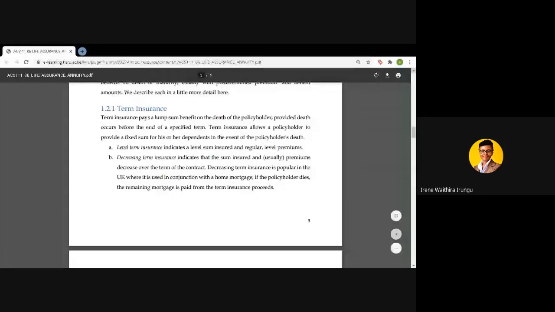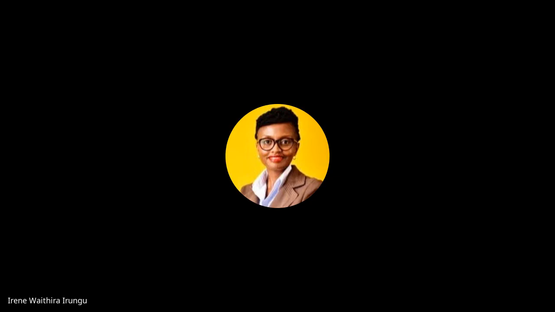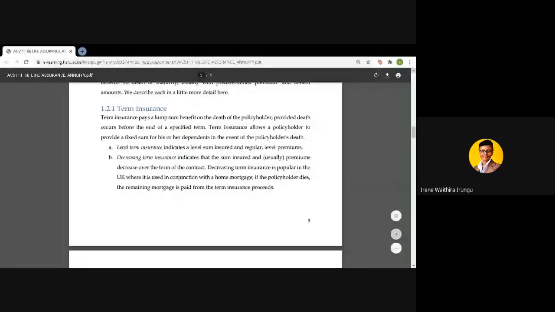So with the level, we have said both sum assured and premiums are constant. So if we assume that Brian's father had purchased a level term insurance policy with a sum assured of 500,000 and level premiums of 10,000, it means that Brian's father will continue to pay these regular premiums of 10,000.